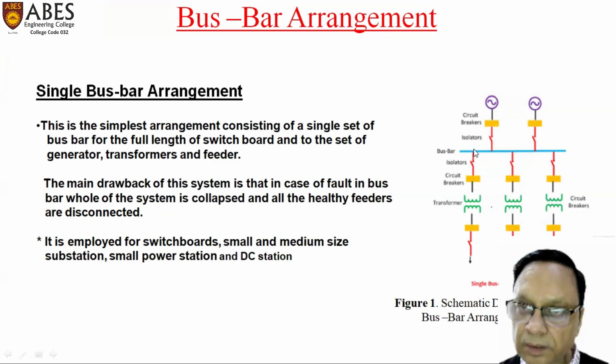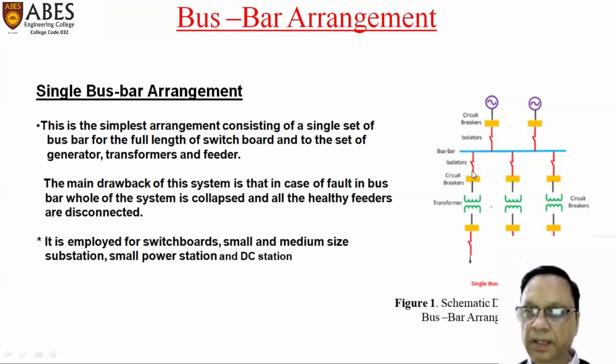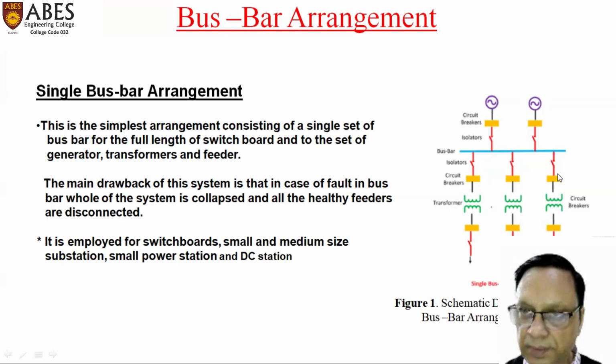These are the incoming terminals, the incoming supply, these are the incoming bus cables. The outgoing side has a similar circuit but different. Here also we have isolators and circuit breakers in all the three loads, outgoing feeders we can say, and they are all connected to the transformer.